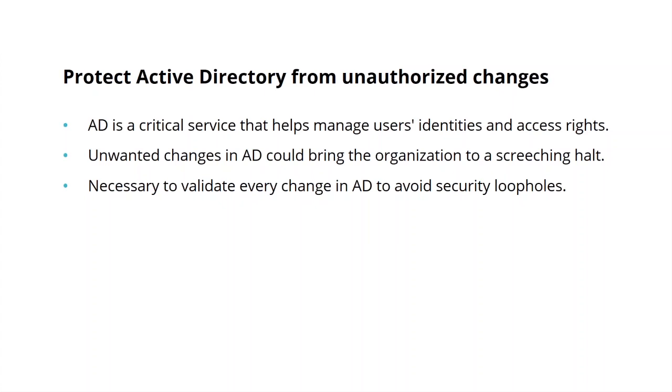Now, let's say any kind of request, such as requesting access to some critical shares or making changes to users' group memberships, must be reviewed by the team manager or team lead before actually being given to those users.